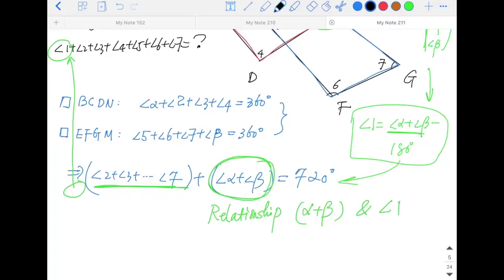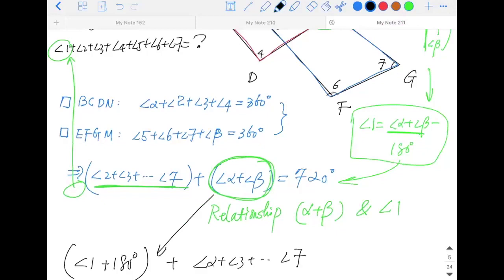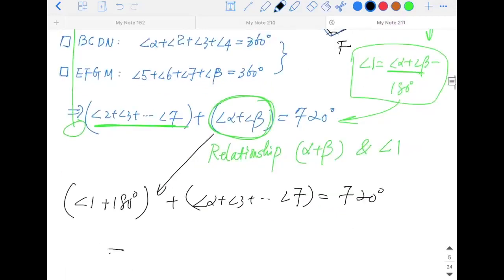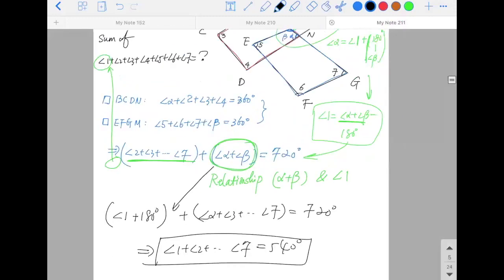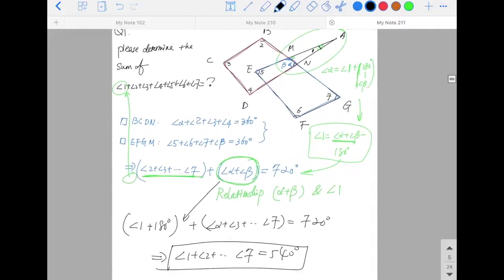This is alpha plus beta plus angle 2, angle 3, all the way to angle 7 equals 720. So at the end of the day, angle 1 plus angle 2 all the way to angle 7 will be 540 degrees. So the correct answer for this problem is 540 degrees.